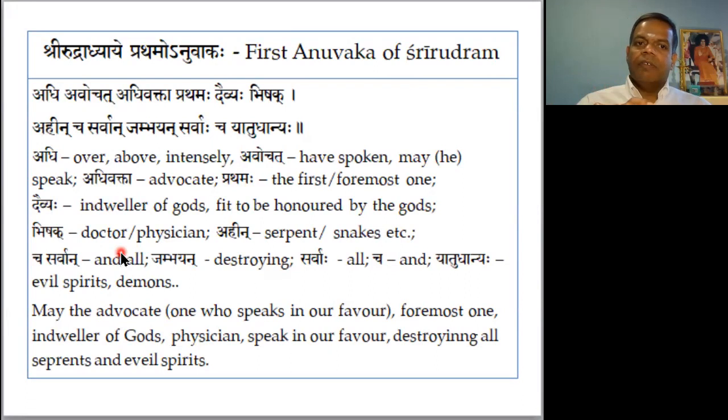For example, Adhivakta Prathama means he is the foremost Adhivakta, the best of advocates. Prathamaha Daivyaha, so he's the foremost among gods. Daivyaha Bhishak means a doctor of gods, or a doctor who is divine. So there are multiple ways commentators have taken this.